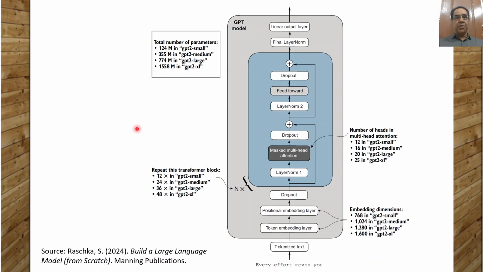As mentioned before, GPT-2 LLMs come in several different model sizes, ranging from 124 million to about 1.5 billion parameters. The core architecture is the same, with the only difference being the embedding size and the number of times individual components like the attention heads and transformer blocks are repeated.